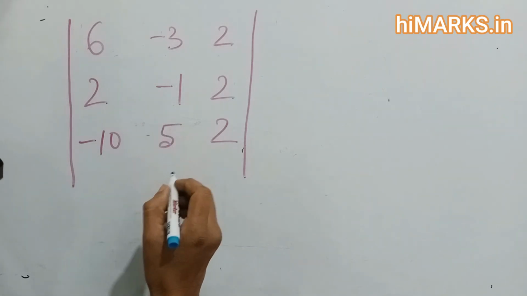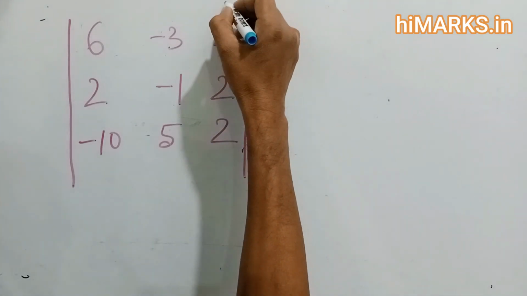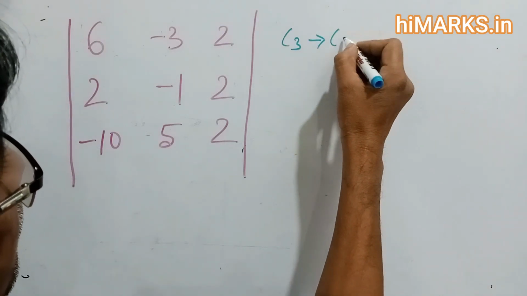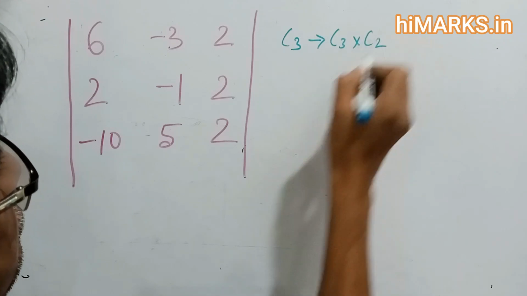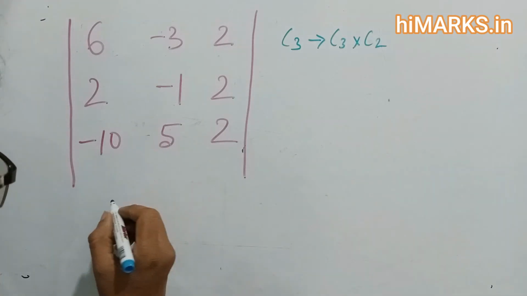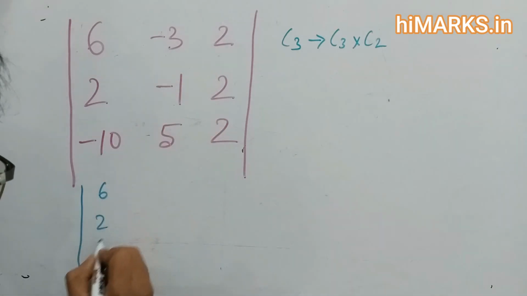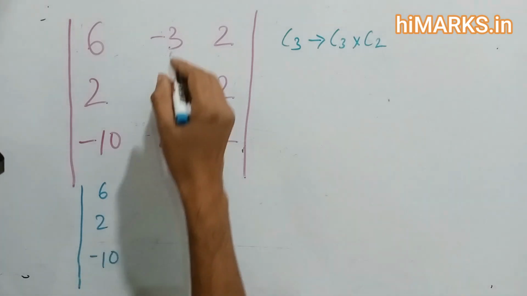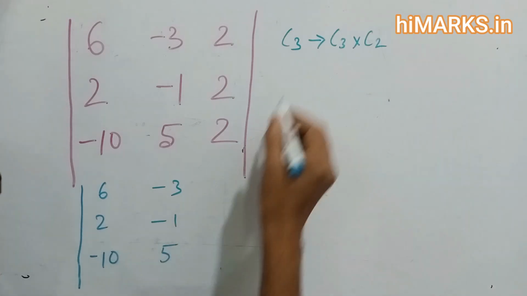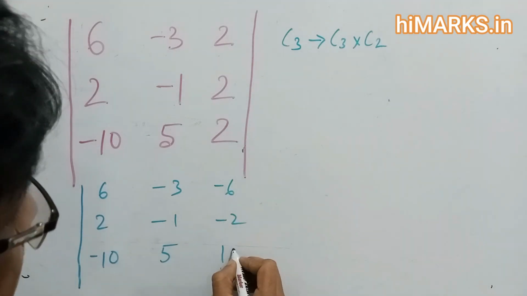So if column C3 goes through the operation C3 plus 2 times C2, we end up with a matrix with 6, 2, minus 10, and minus 3, minus 1, 5, and by this operation it will be minus 6, minus 2 and 10.